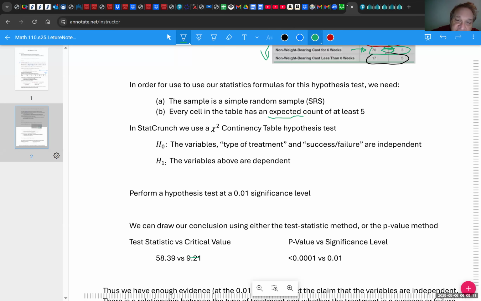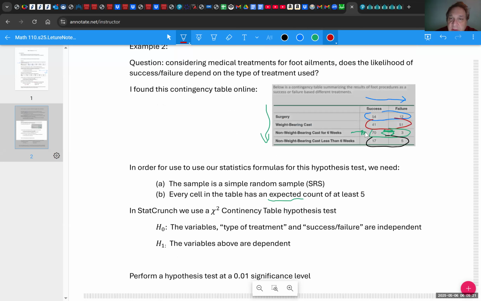And once again, to get degrees of freedom, I'll show you up here. We have 4 minus 1 degrees of freedom. And over here, we have 2 minus 1 is our degrees of freedom. So on the horizontal, we have 1 degree of freedom. On the vertical, we have 3 rows of freedom.